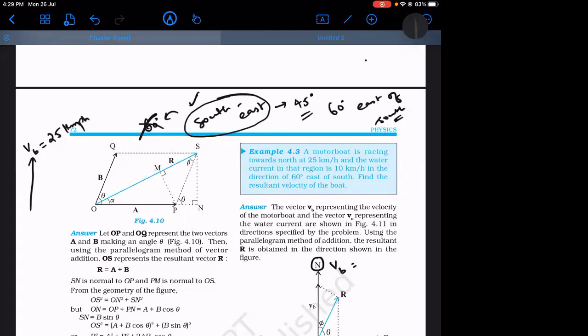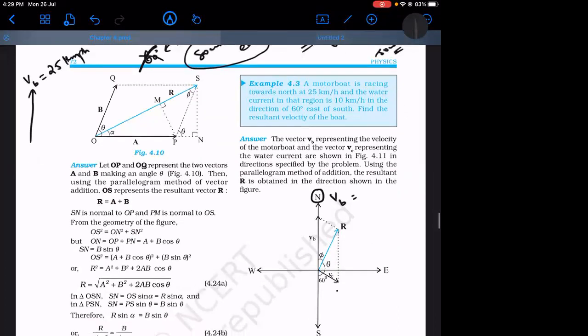Whereas if something like east of south or south of east is given, then whatever is the word after "of" will be the starting point, and whatever is the word before the word "of" will be the ending point. Means this is south and this is east.